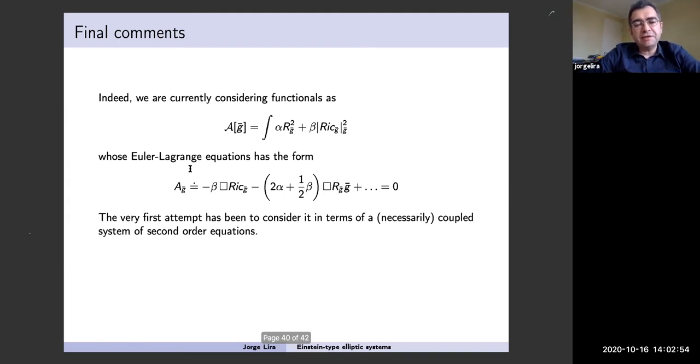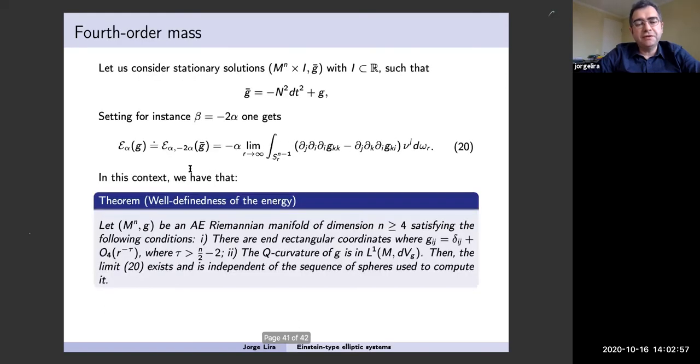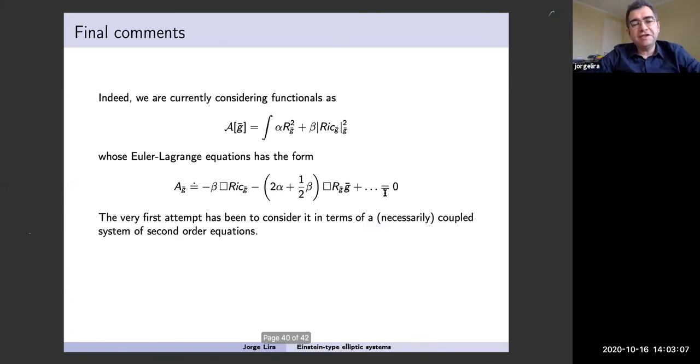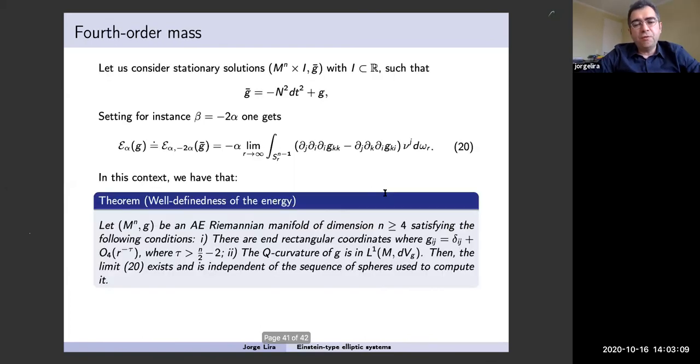There's a program that's in construction with Rodrigo, Paul Laurent, and Nicolas Marc. And one of the ideas is to justify that that equation, A equal to 0, is physically relevant. One of the things we recently proved with Rodrigo and Laurent and Marc is that there is a very nice notion of mass for that.